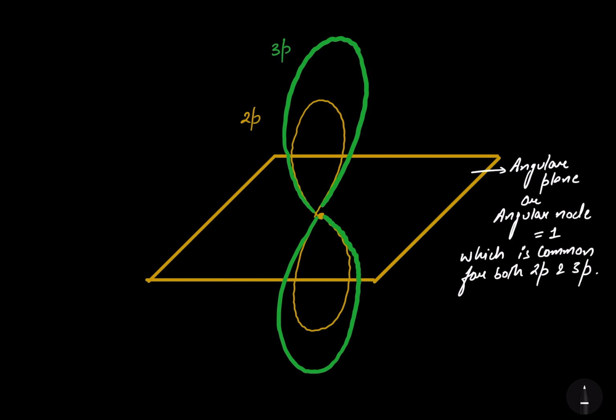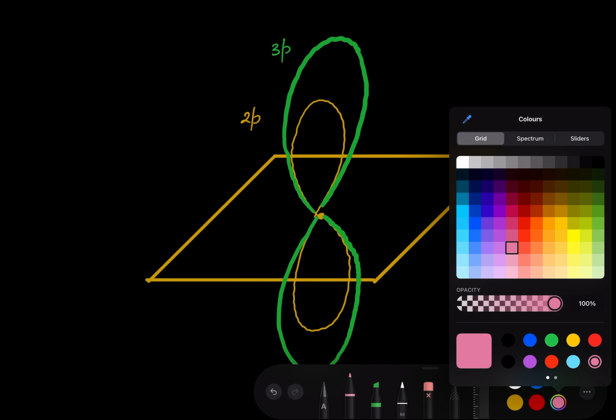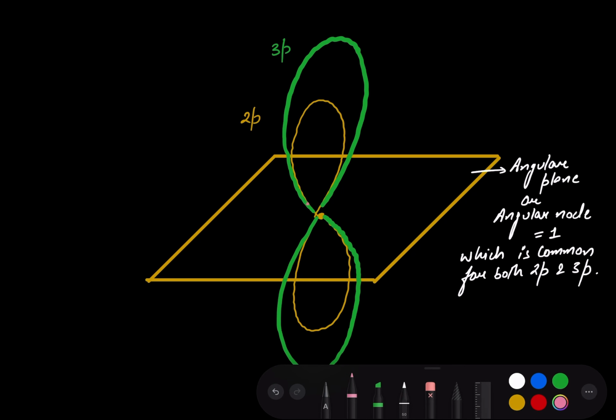So now the question arises, where is the radial node? This is the angular node. Where is the radial node? So let me mark the region where probability of finding electron is 0 between the 2p and the 3p. So I'm marking that region.